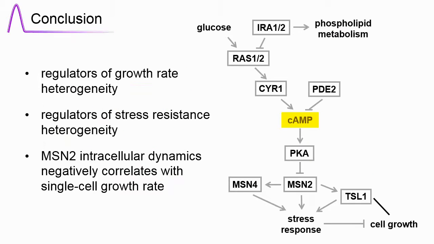Okay, so to sum it up, firstly, for the heterogeneity of cell growth, I showed that MSN2 and MSN4 are each necessary in the regulation, and cyclic AMP also plays a role here. And for the TSL1 heterogeneous expression pattern under benign condition, only MSN2 but not MSN4 is required. And for the molecular mechanism in regulating heterogeneity of cell growth, probably MSN2's intracellular dynamics is what matters.